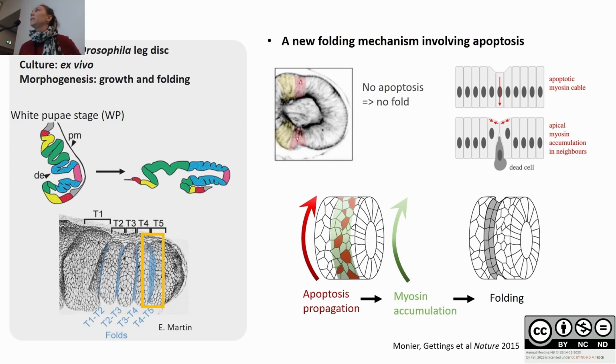As the cells are organized along a pattern, which is genetically delimited, apoptosis is going to propagate, leading to the accumulation of myosin along this pattern, and eventually to the fold formation.